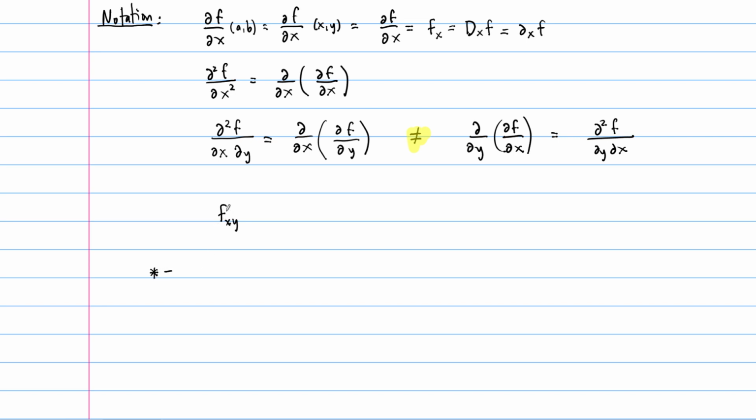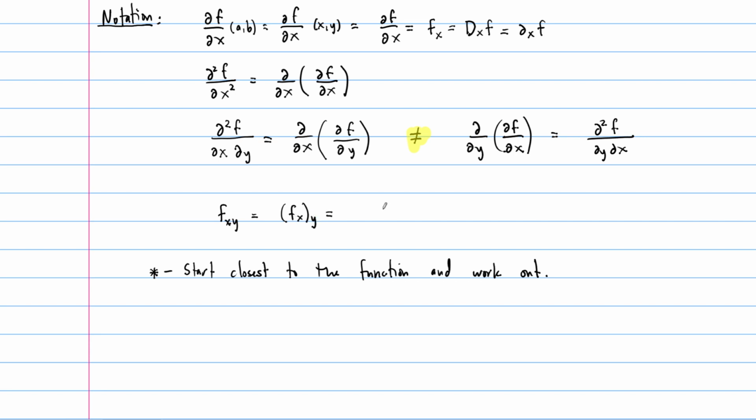You always work from the function: start closest to the function and work your way out, away from the function. So in this case, this is going to be the x partial derivative first, then take the y partial derivative, right? In other words, this is the y partial of the x partial.